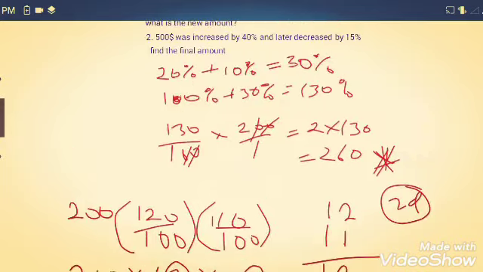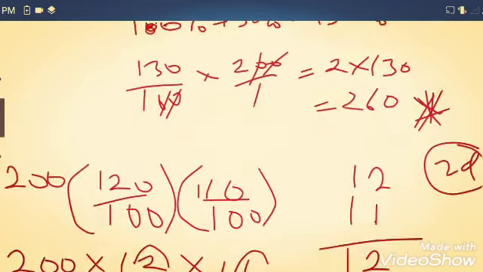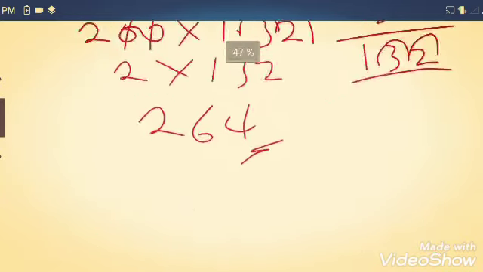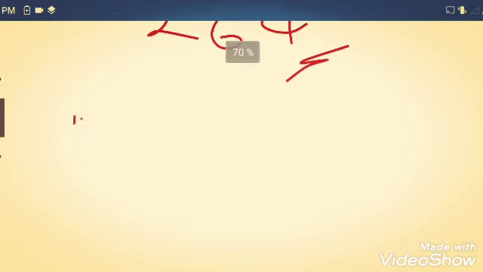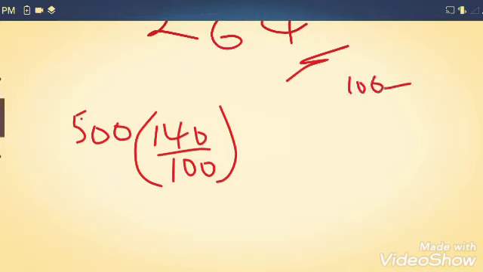Now the second question says 500 was increased by 40% and later decreased by 15%. So you're going to take the same approach. So we're going to have 500 now increased by 40%, 40 plus 100, that's 140 over 100. Now because it was decreased by 15%, you're going to have 100 minus 15, and that will give 85.